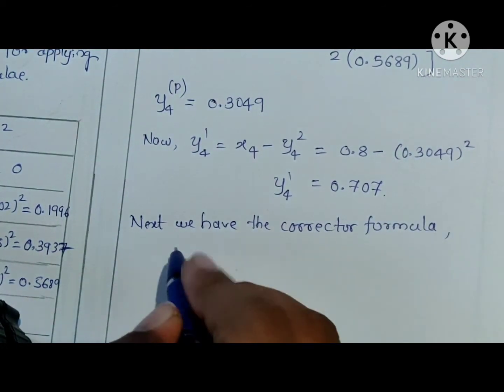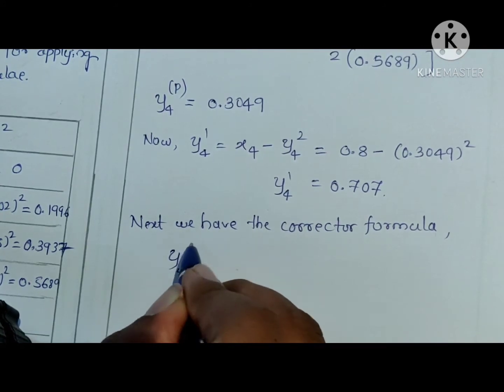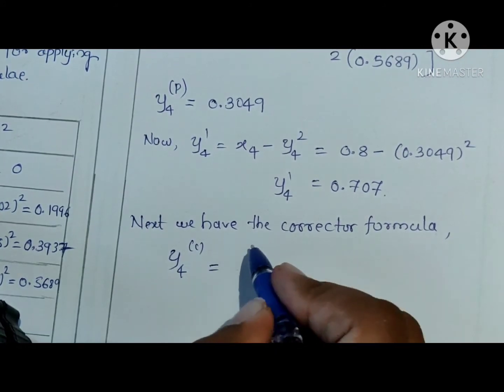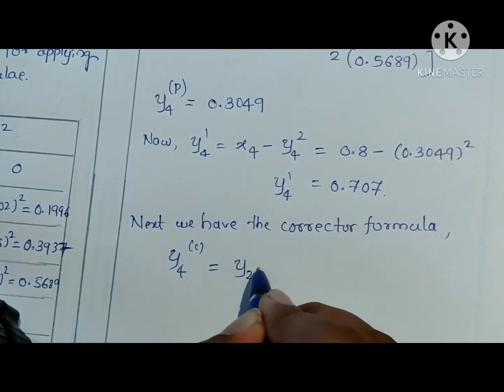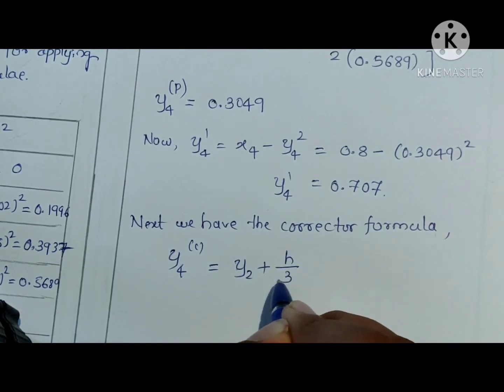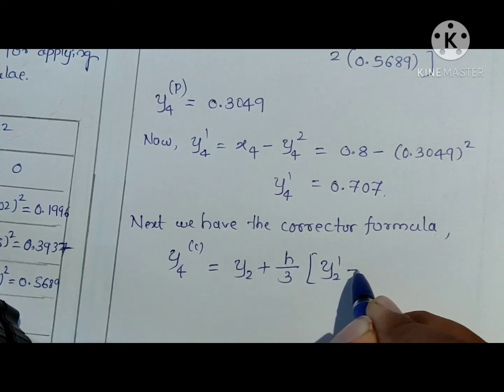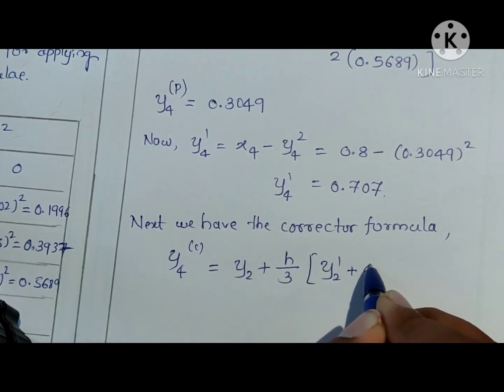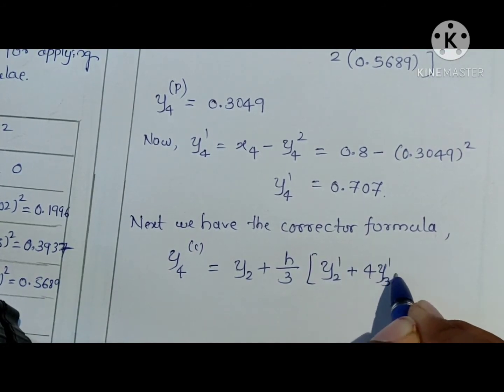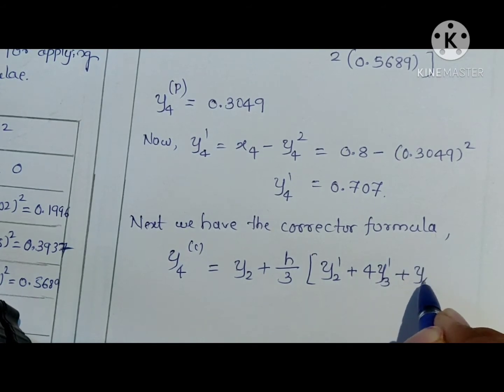Next, we have the corrector formula. What is the formula? y4 of c is equal to y2 plus h by 3 into y2 dash plus 4 y3 dash plus y4 dash.